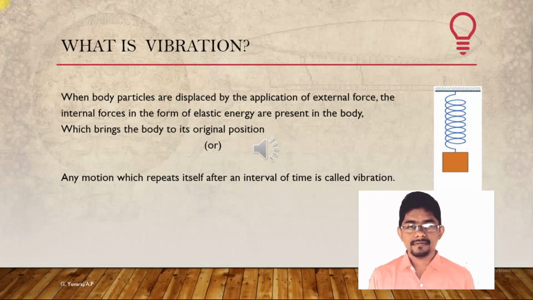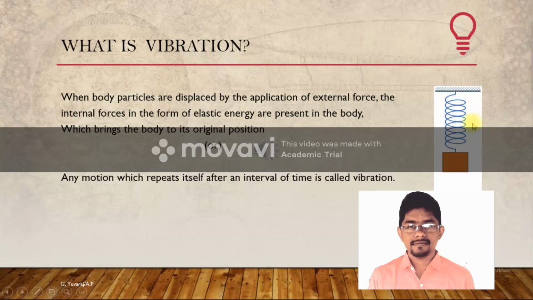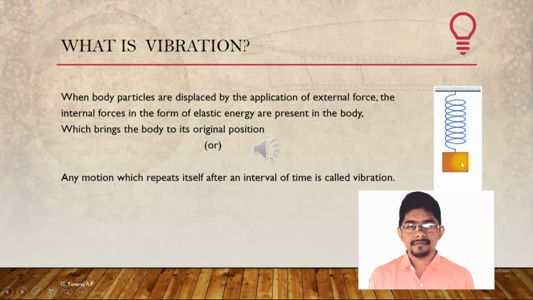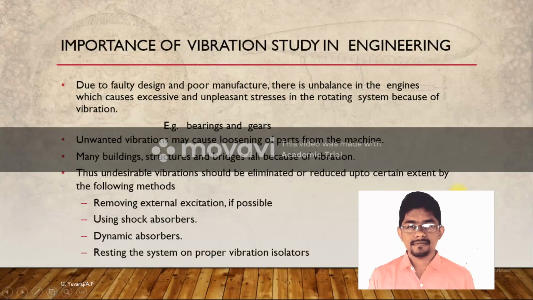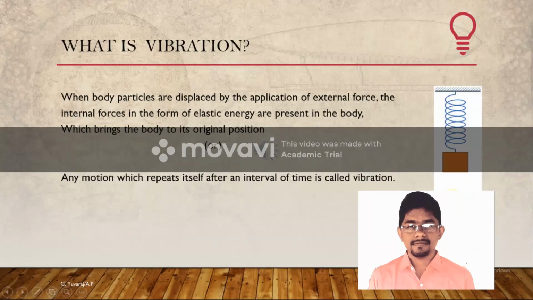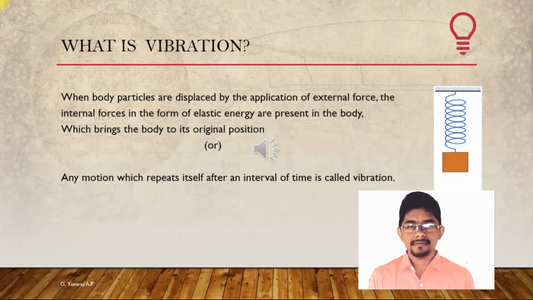When I start to add mass to the spring, because of the mass value, the spring gets displaced. You can see in this image that the spring can expand, and this distance can expand based upon the value of the mass. Suppose I pull this mass downward, the spring opposes the drag force, and that opposing force is what we call elastic force.